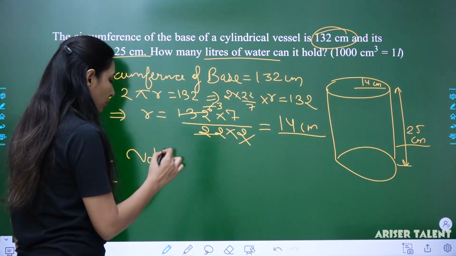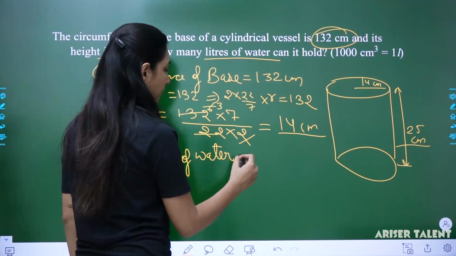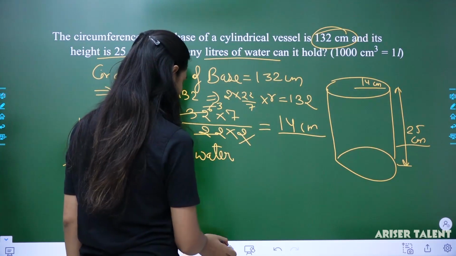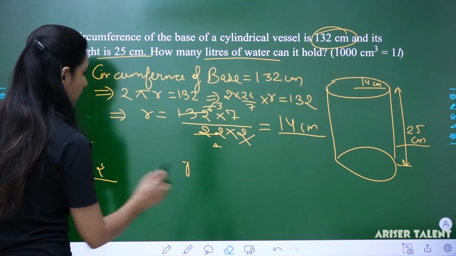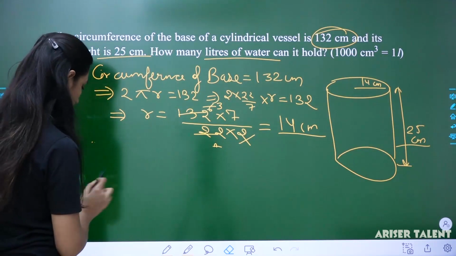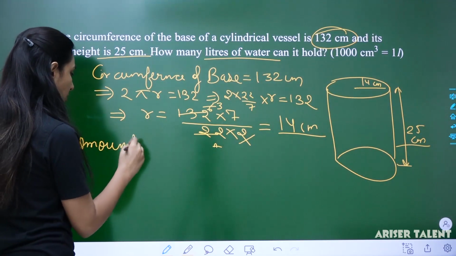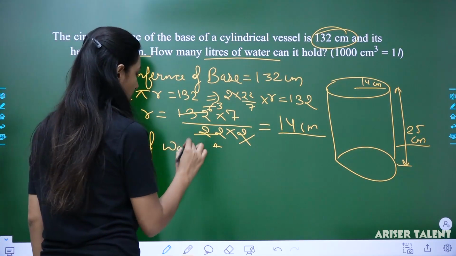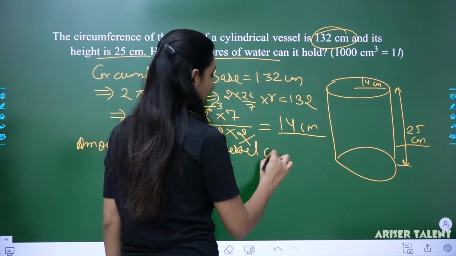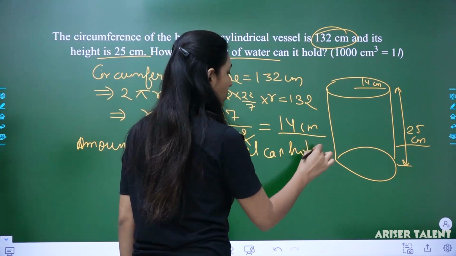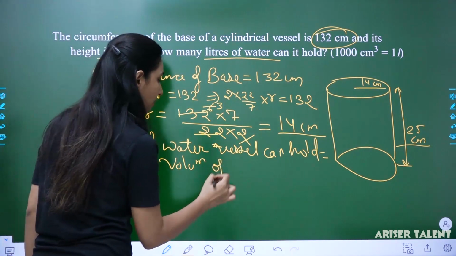So, the amount of water the vessel can hold is equal to the volume of the vessel.